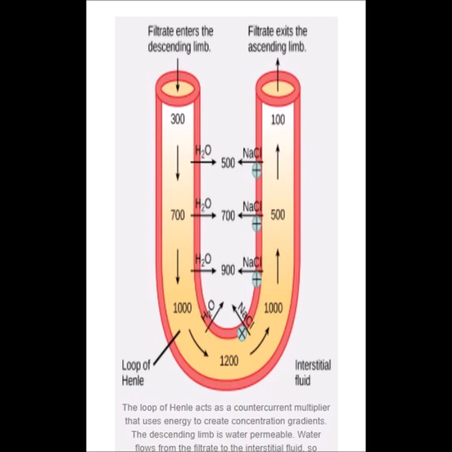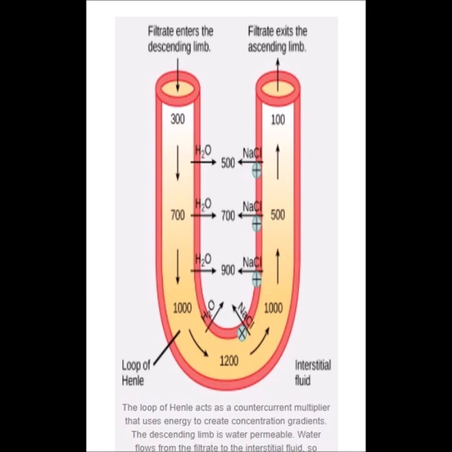Thus, as filtrate enters the ascending limb, sodium ions and chloride ions exit through ion channels present in the cell membrane. Further up, sodium ion is actively transported out of the filtrate and chloride ion follows. Osmolarity is given in units of milliosmoles per liter. So that is shown in the diagram.